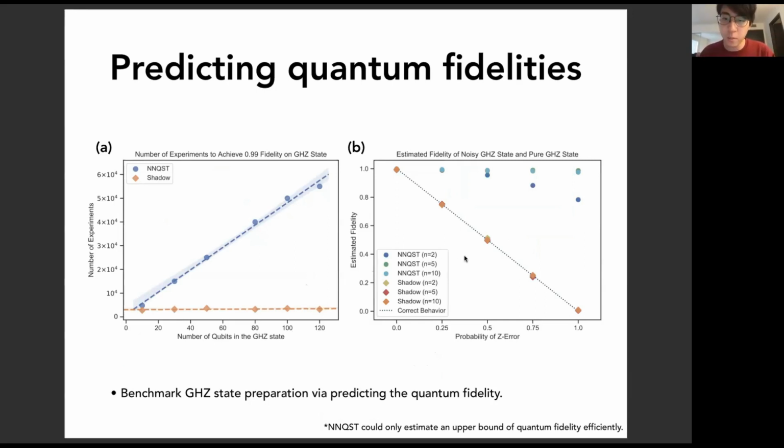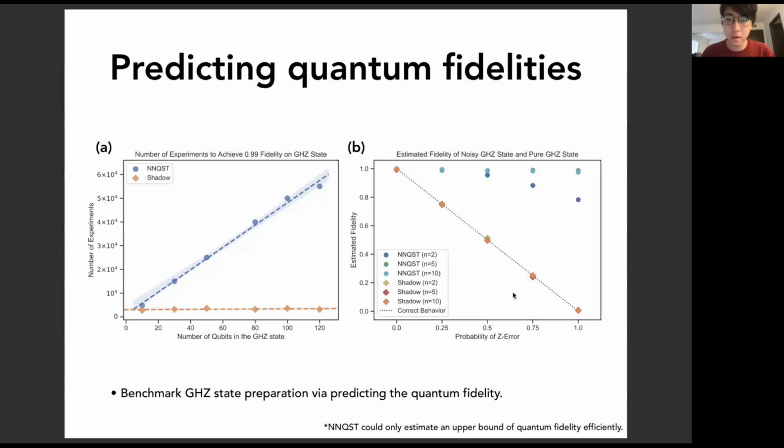In figure B, we consider when there is some noise in your GHZ state, and you're estimating the fidelity of the noisy GHZ state against a pure GHZ state. As the probability of error increases, your fidelity should go down, and that's denoted by this dashed line. And as you can see, classical shadow prediction accurately tracks it.